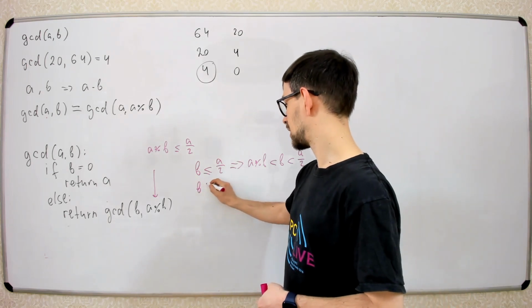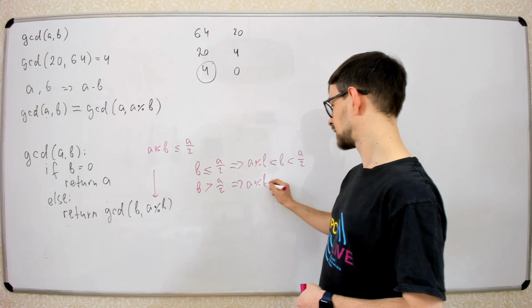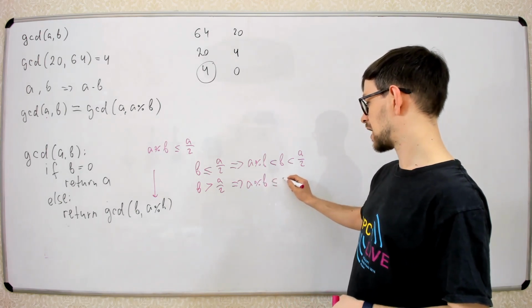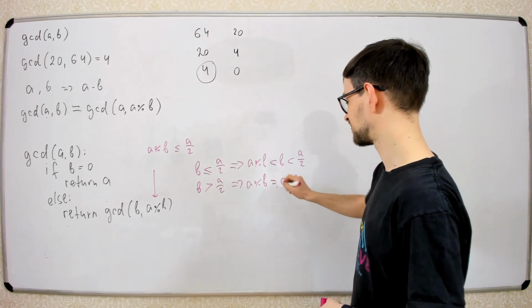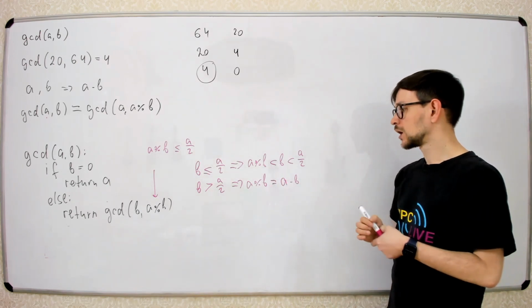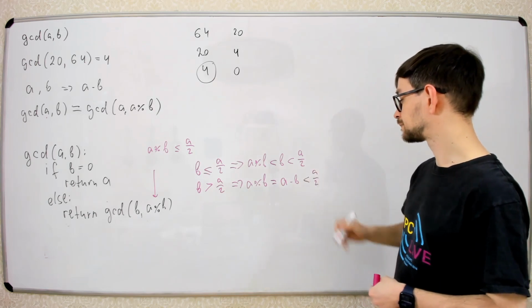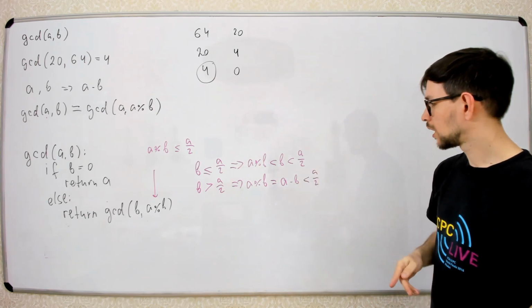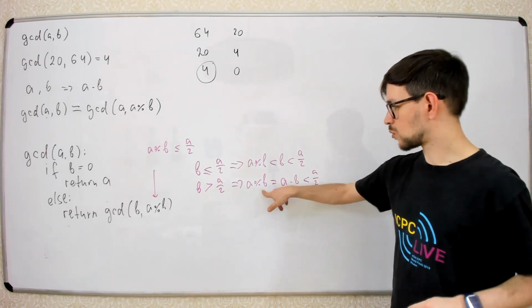If B is greater than A over 2, then A modulo B is actually equal to A minus B, and it is still less than A over 2. Again, why is it true?